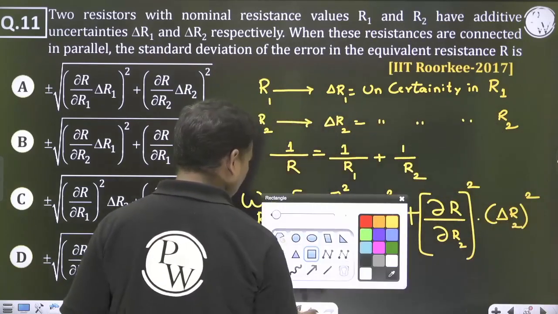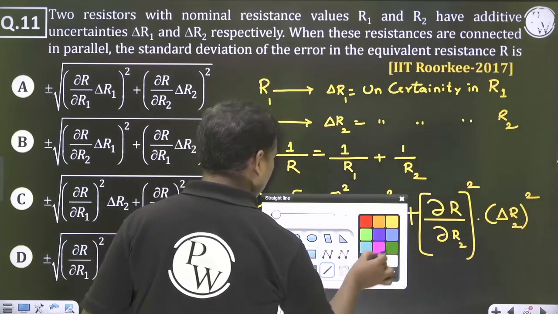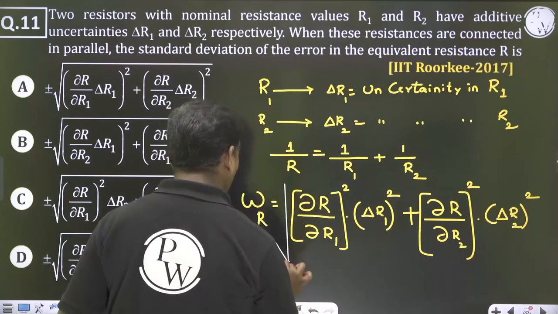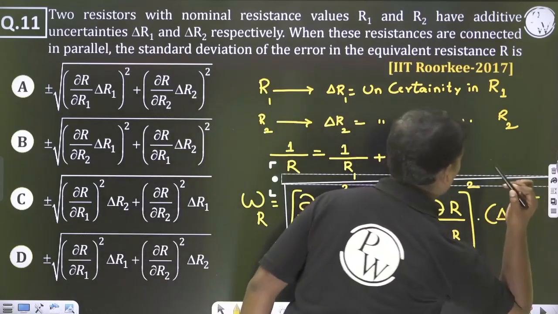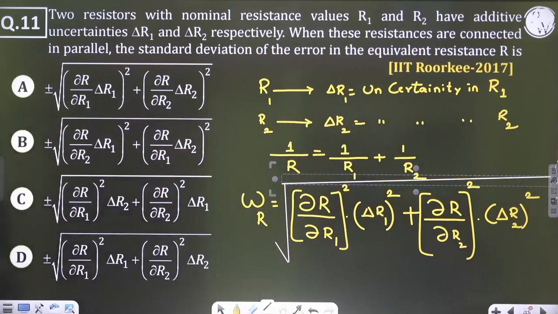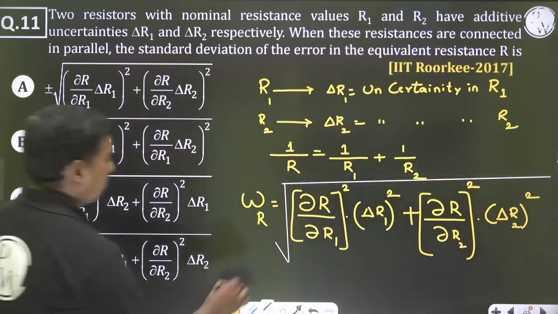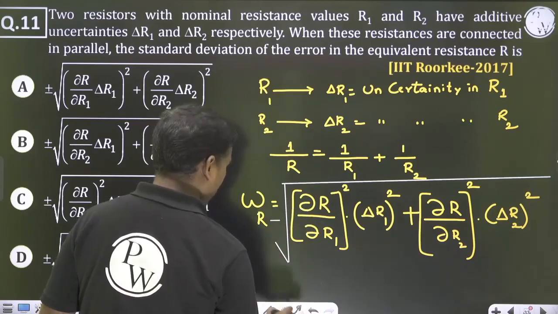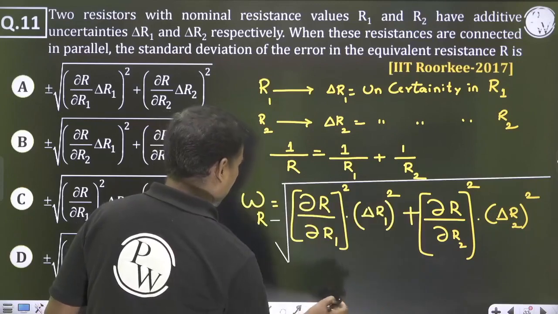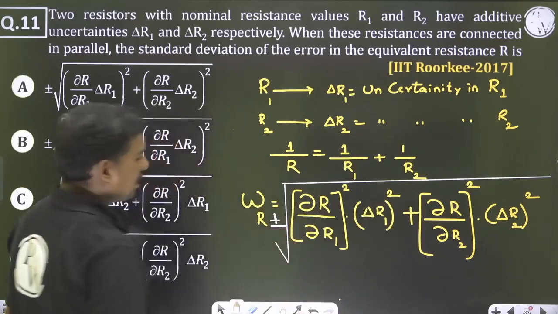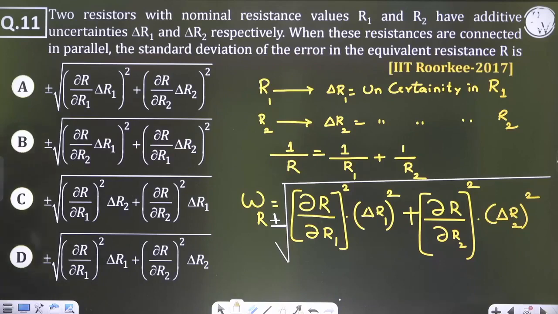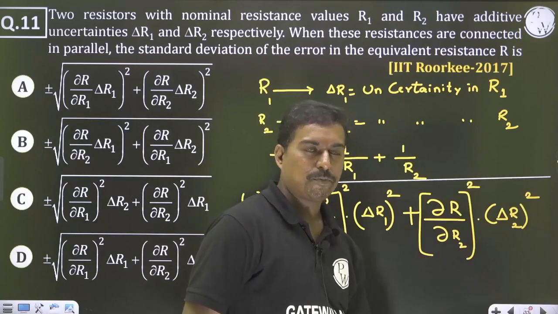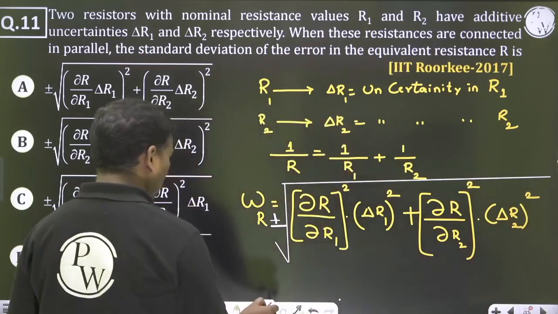So WR is plus or minus the square root of dou R by dou R1 whole square times delta R1 whole square plus dou R by dou R2 whole square times delta R2 whole square. This is the expression.